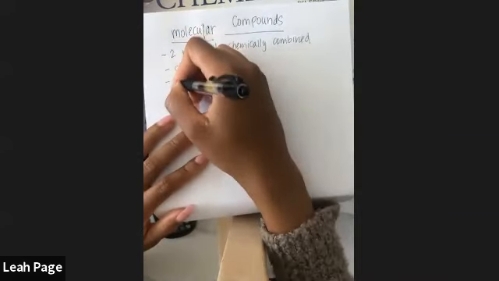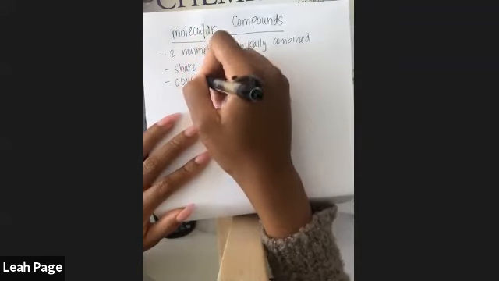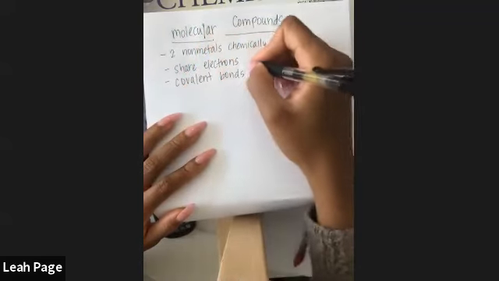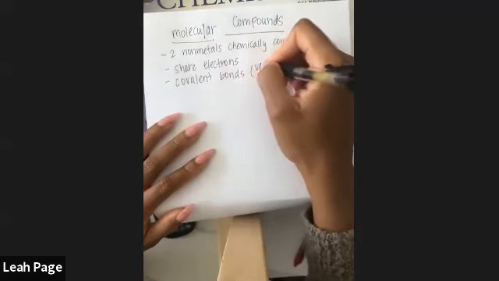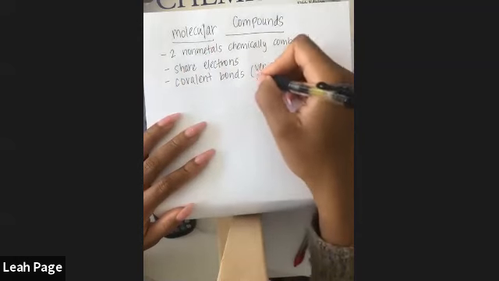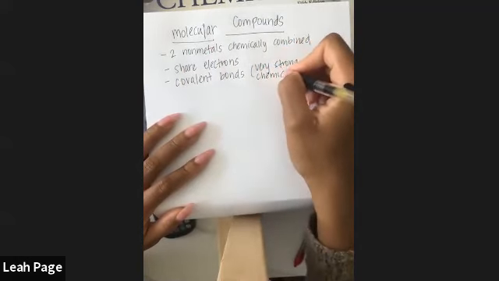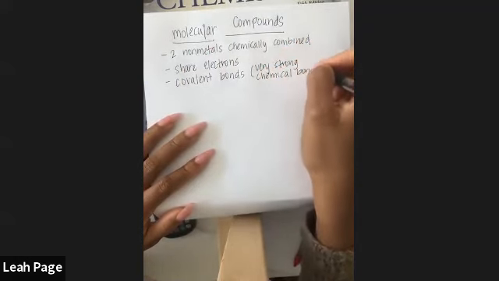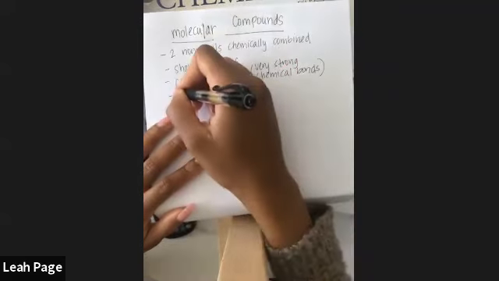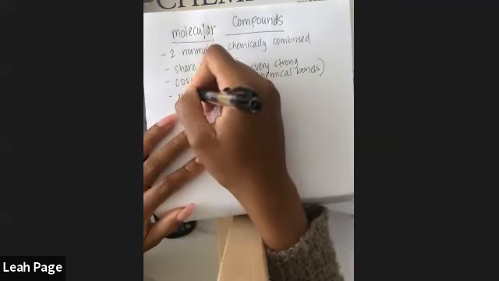From those shared electrons, they form covalent bonds. Covalent bonds are very strong chemical bonds. And their base units are called molecules.